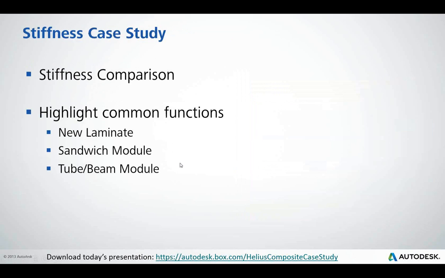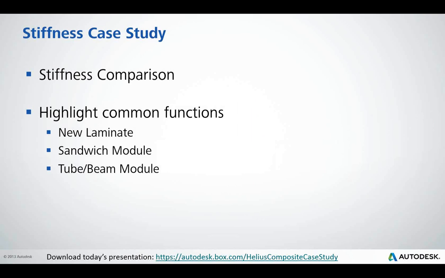All right, so today we're going to be doing a live demonstration of Helius Composite 2016, and we're going to be doing a stiffness case study. We're going to be doing some stiffness comparison, looking at deflections with a variety of different layups and materials.